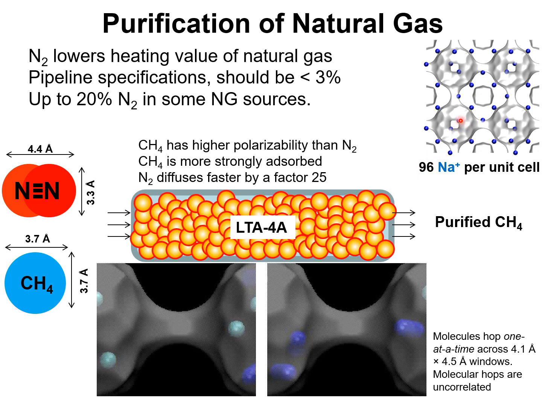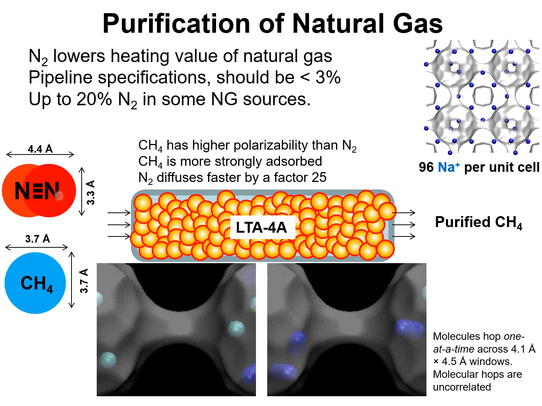Due to the partial blocking of the windows with the sodium cations, the intercage hopping of methane is severely restricted.